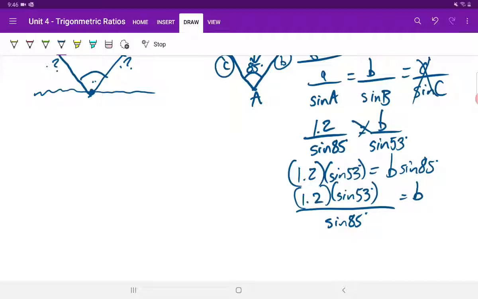You're probably wondering, can you just calculate sine 53 and sine 85 and write them in? I would keep them as is, because if you start rounding too much within your answer, your final answer will be just a little bit more inaccurate. So actually type in 1.2 times sine 53, then take that and divide it by sine of 85.